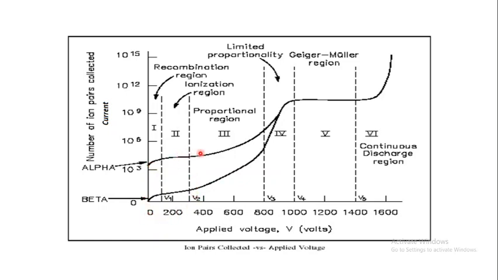So here there are different regions of detection: the ionization region, the proportional region, and the Geiger-Muller counter region. The limited proportionality region is no longer fruitful, because in this region there is no constant behavior of the ionization processes.